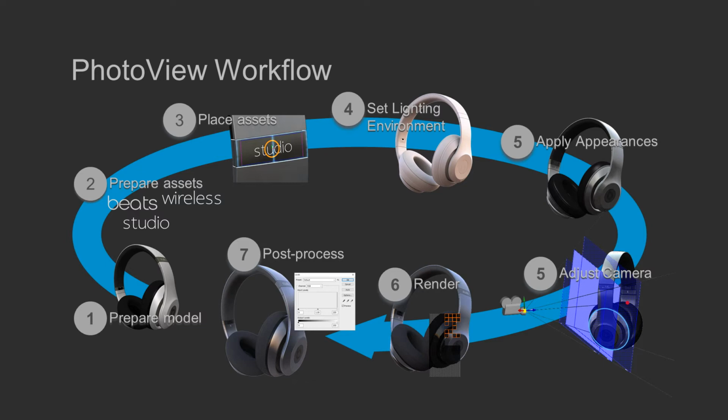Lighting in SolidWorks PhotoView comes from the environment, the HDR environment, the high dynamic range image. And so setting up your model with the proper environment and some actual physical additional lights, although you want to use those very sparingly, really makes the biggest difference.